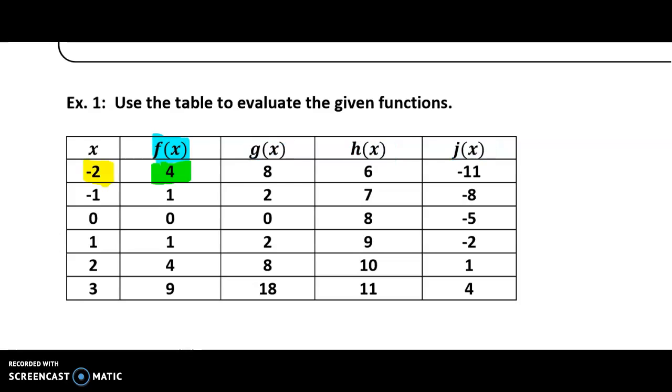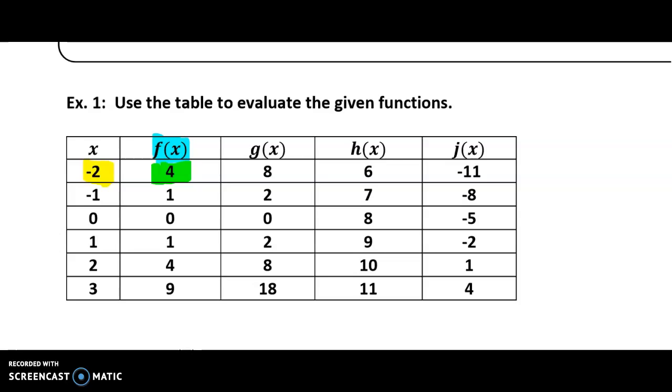So now we need to understand how we're going to put everything together in terms of what we've seen in the previous lesson. You see here, I first highlighted the input value of -2 with respect to f of x. In yellow is the input value, and in blue is the function.